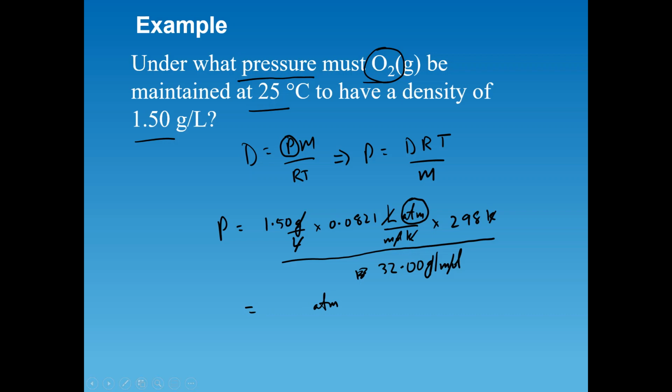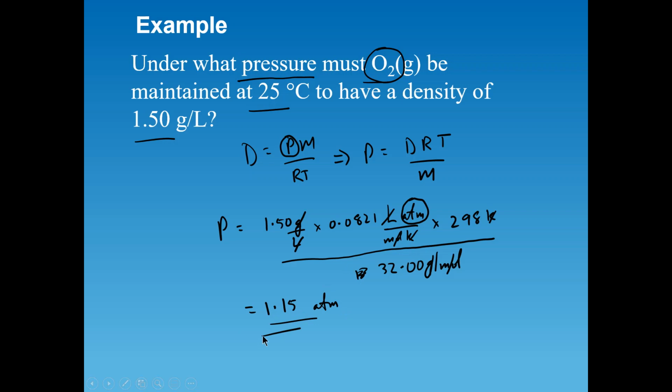And we're going to do the calculation, 1.50 times 0.0821 times 298 divided by 32. And according to my answer, we have to round it off to 3 sig figs, so 1.15 atmospheres. Okay, so that's basically how that is done, all right?